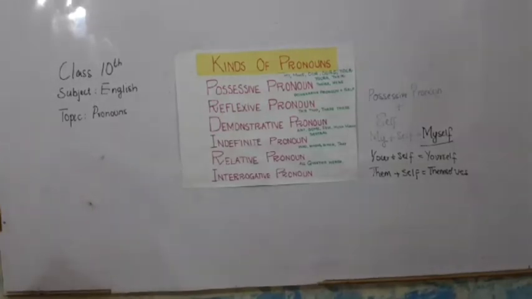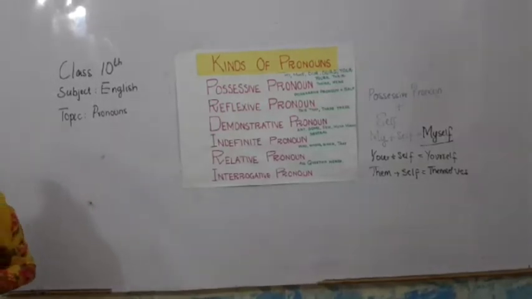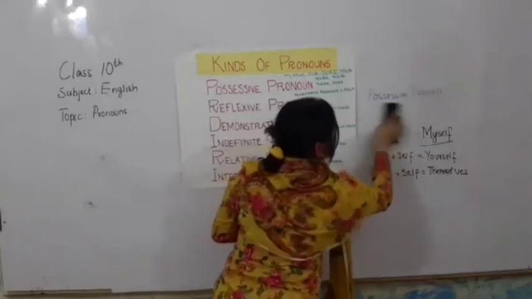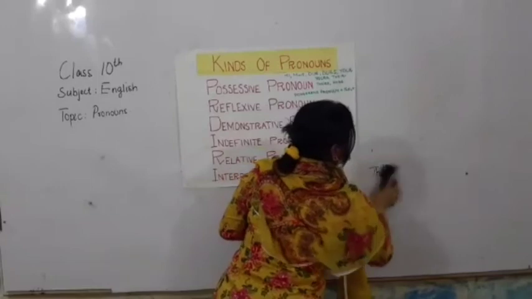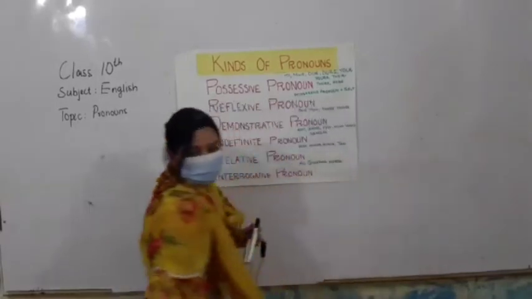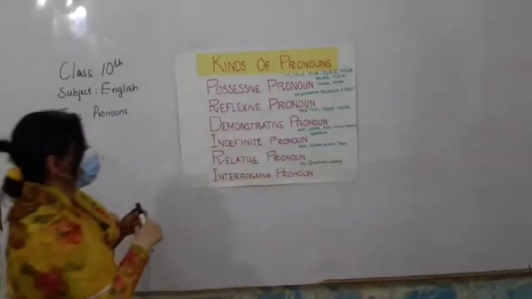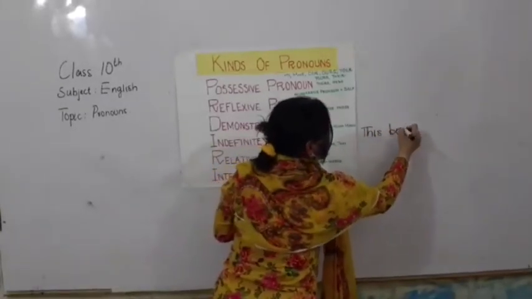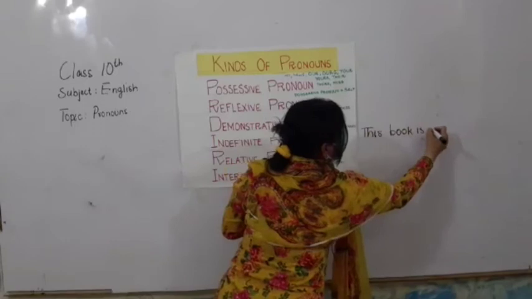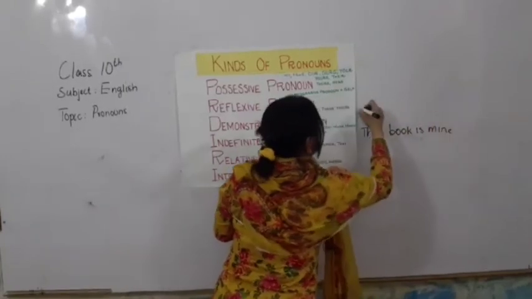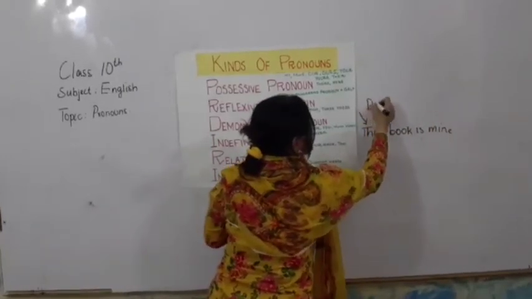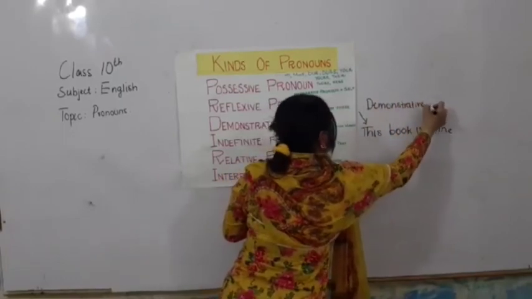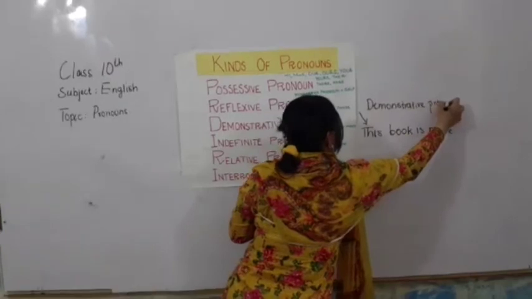Now, let me give you an example. This book is mine. This is the demonstrative pronoun. Where is it?